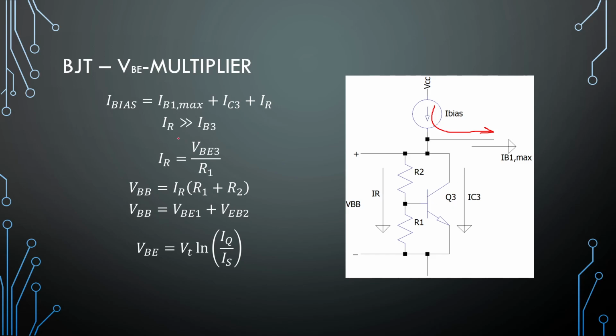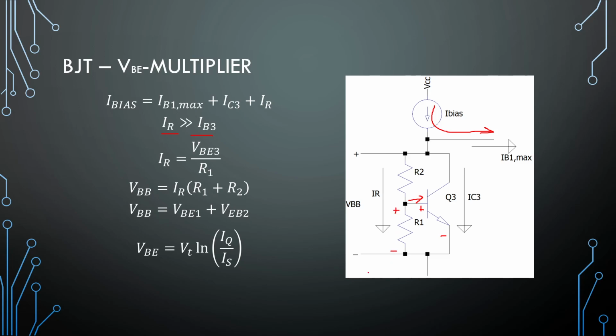And we assume that, or if we make the choice, our current flowing through this resistor must be much greater than our base current flowing right here, so that we don't need to worry about the base current. And with that, VBE of this transistor is equal to IR1 right here.